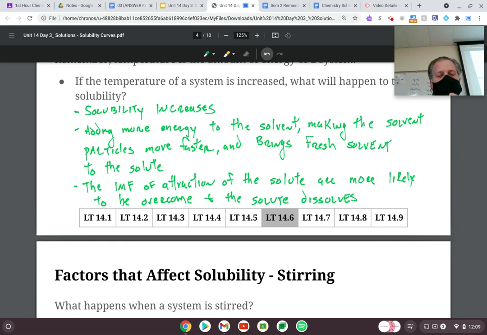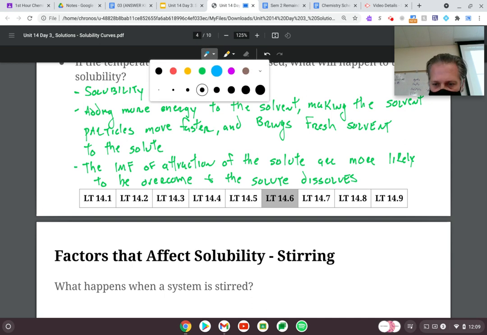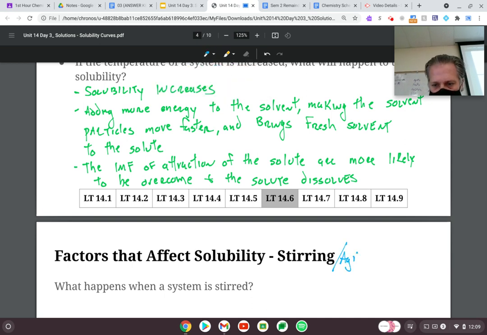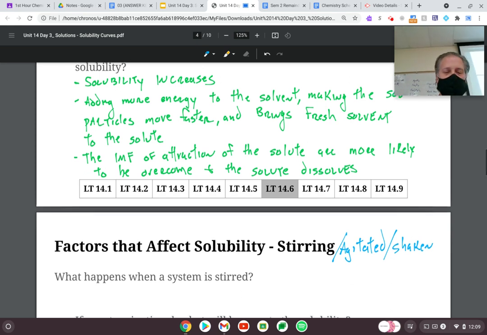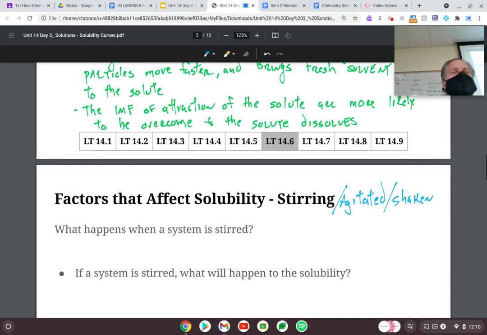All right. Another way that we can influence solubility is if something is stirred, agitated, shaken, etc. So what happens when a system is stirred?